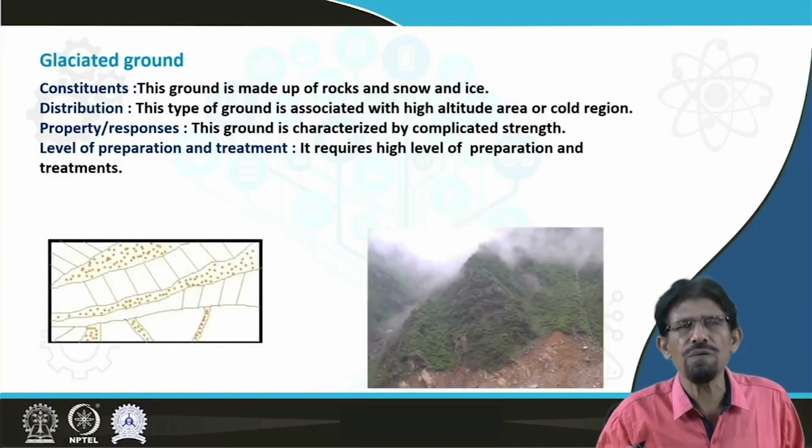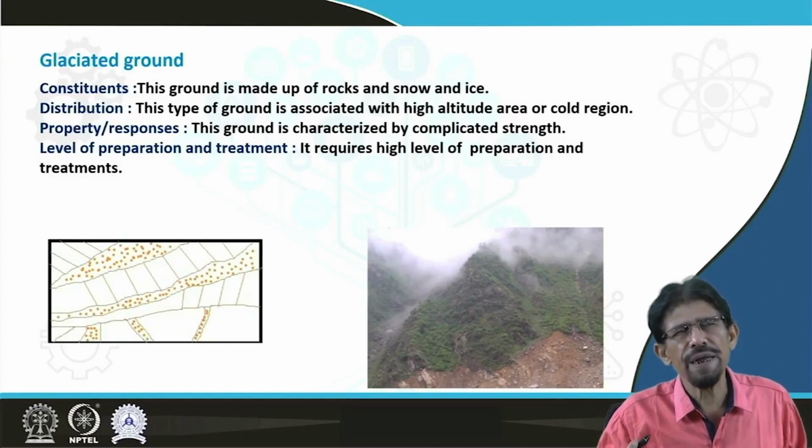Glaciaceous ground is a very peculiar type of ground we generally encounter in high altitude areas or cold regions where the temperature variation goes below 0.